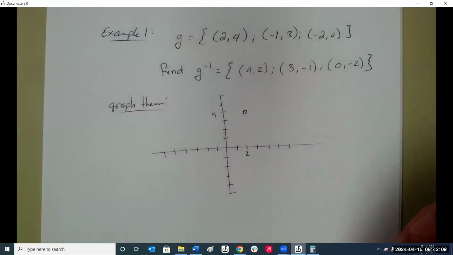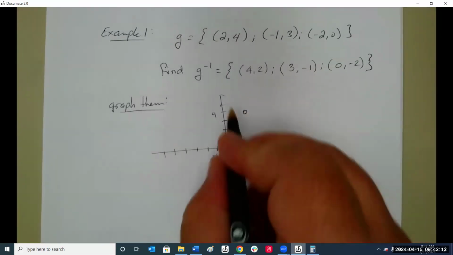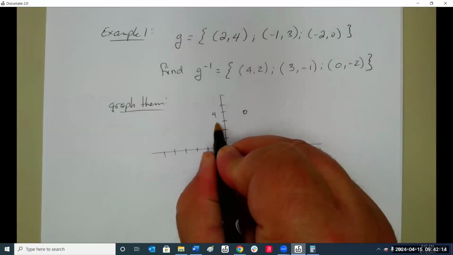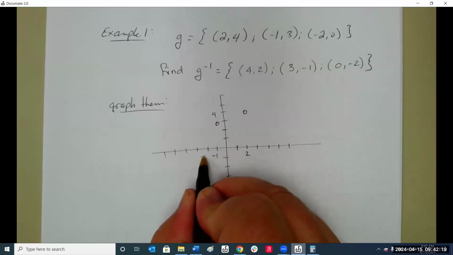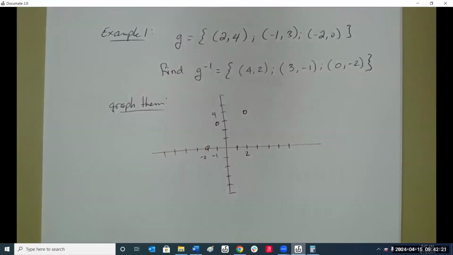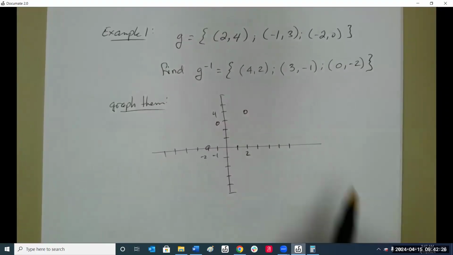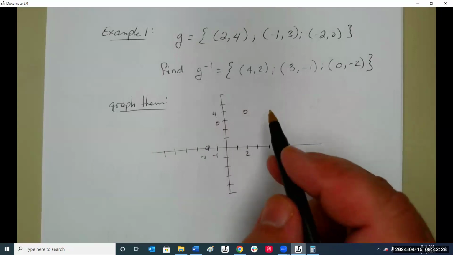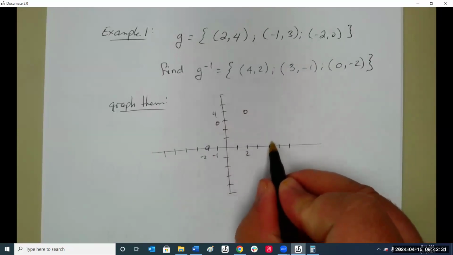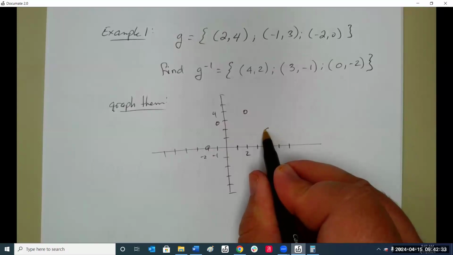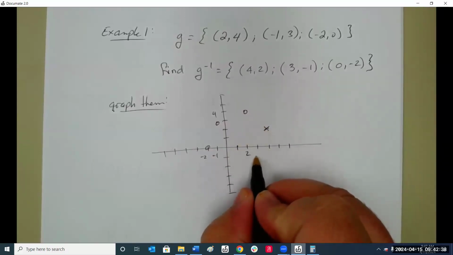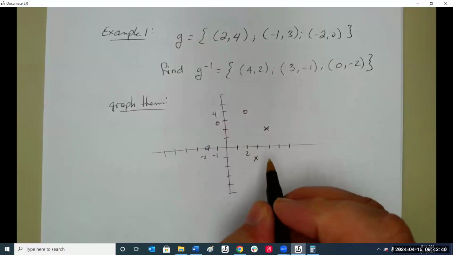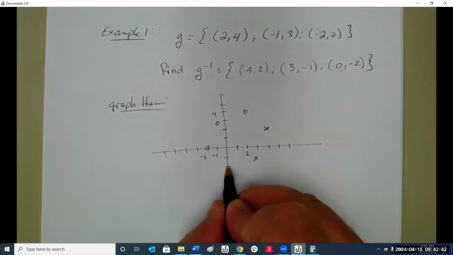I'll make those zeros. -1, 3. And -2, 0. Let's look at the inverse graphs. 4, 2, make those x's. 3, -1, and 0, -2.